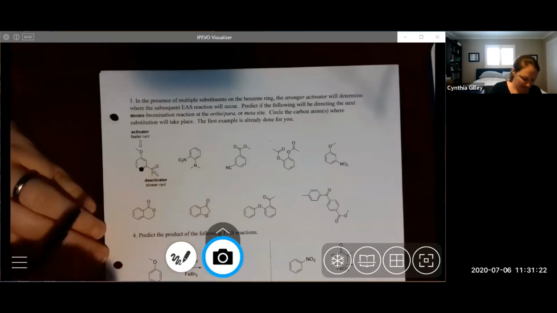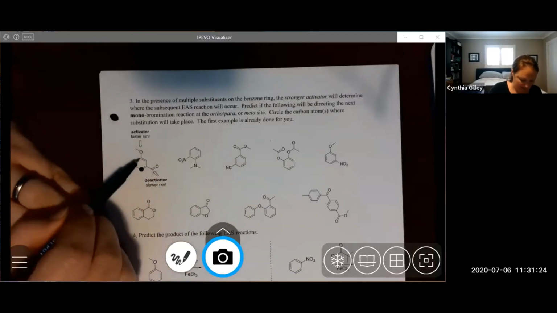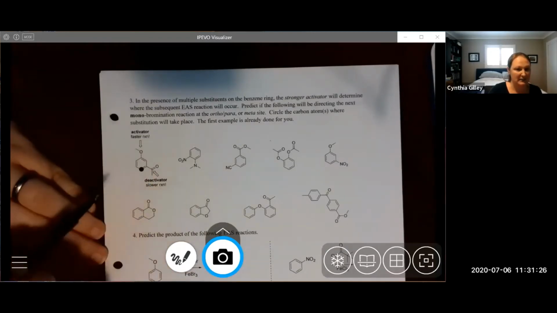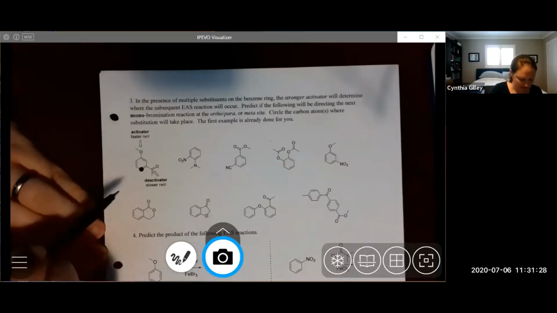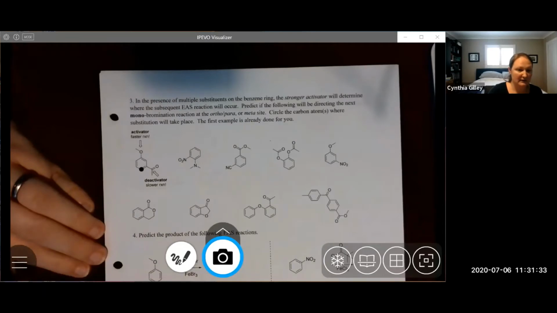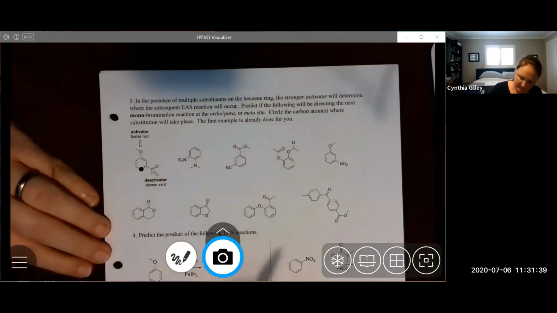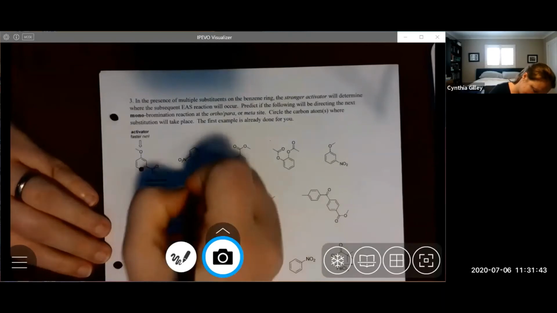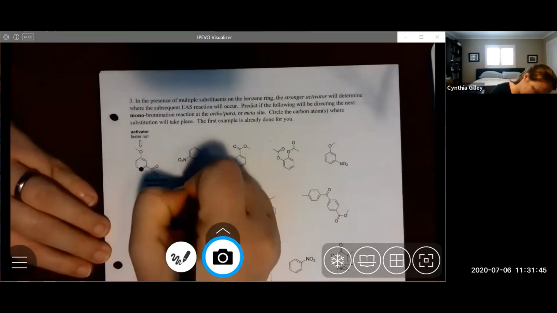But we only look at the strongest activator when they're not directing to the same position, in which case it's going to be this one, so we're going to put the next group in that spot. Okay, so looking at this one, what do we have here? So this is a strong activator.